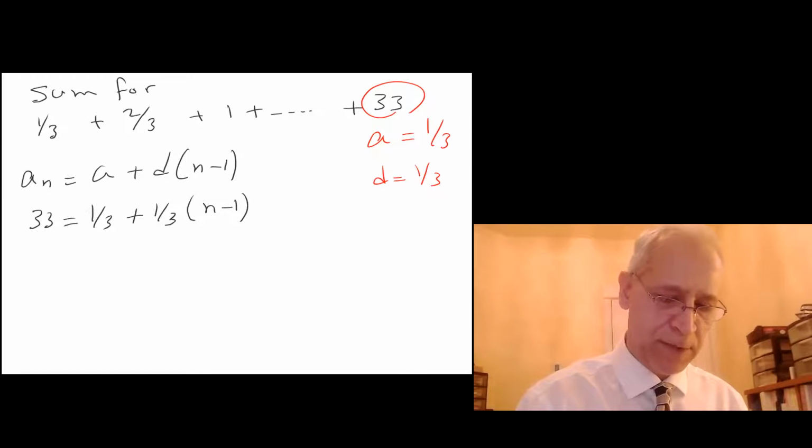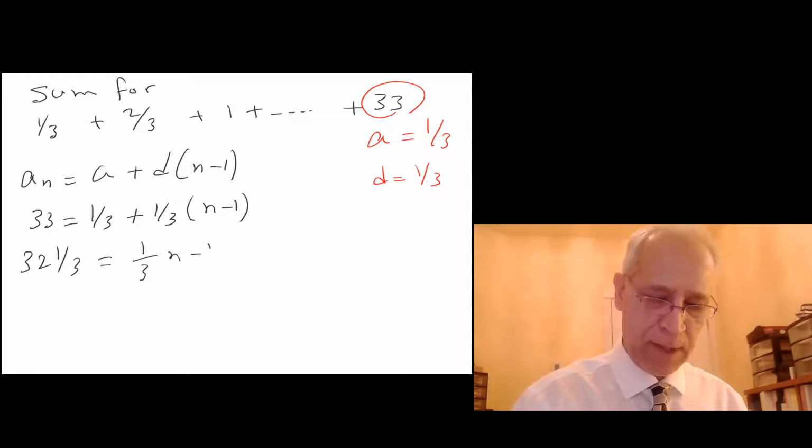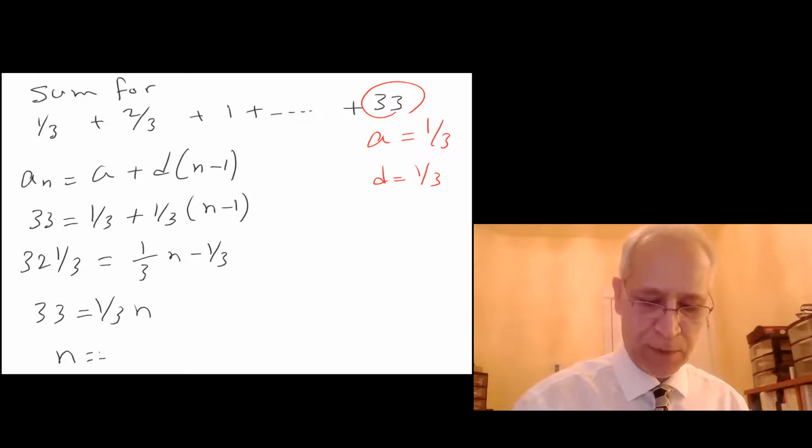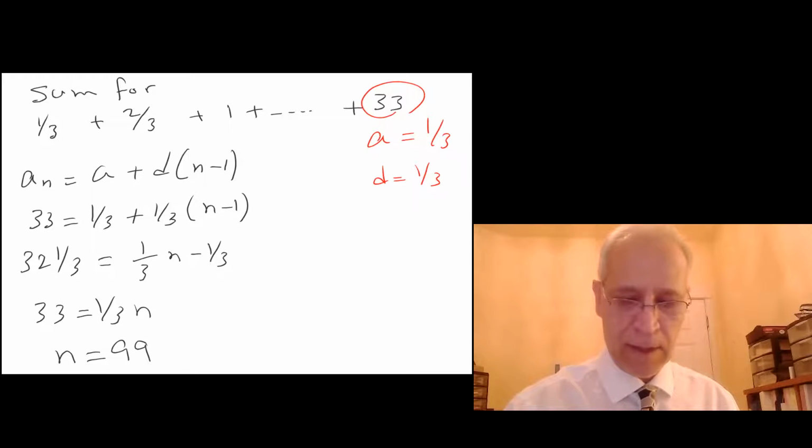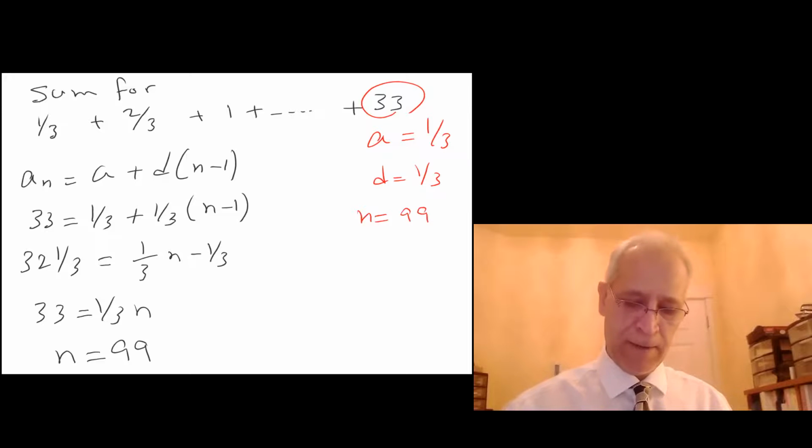Subtracting 1/3, 32 and 1/3 equals 1/3 n minus 1/3. Add 1/3 to both sides, I get 33 equals 1/3 n, and multiplying by 3, n equals 99.